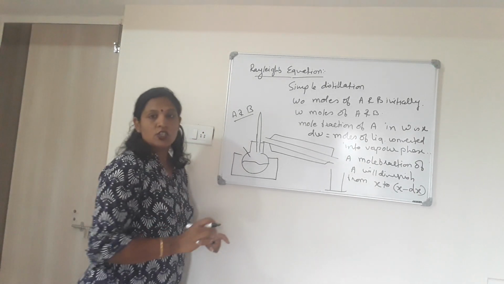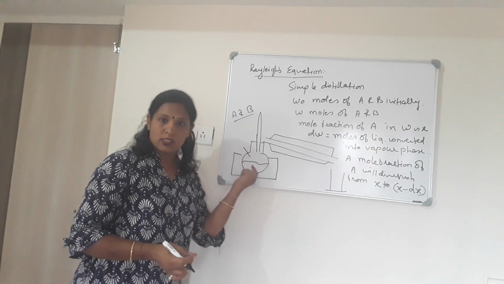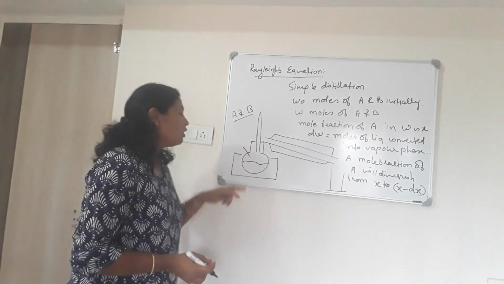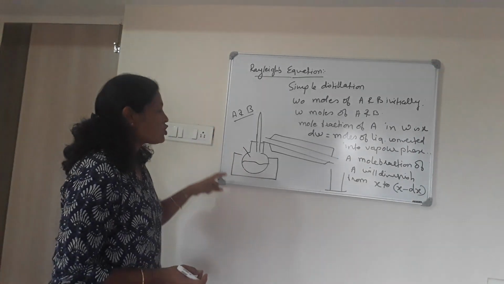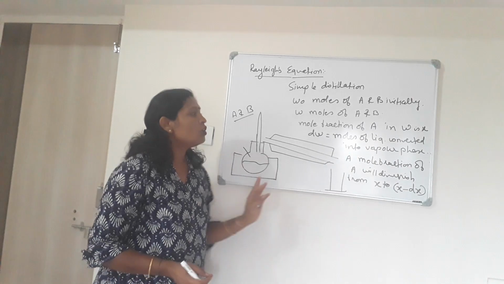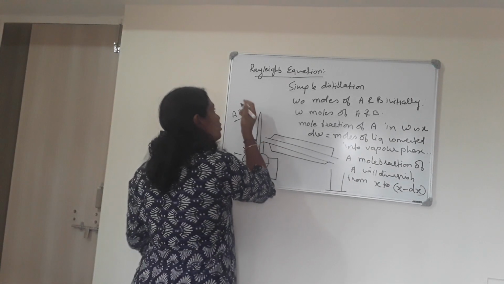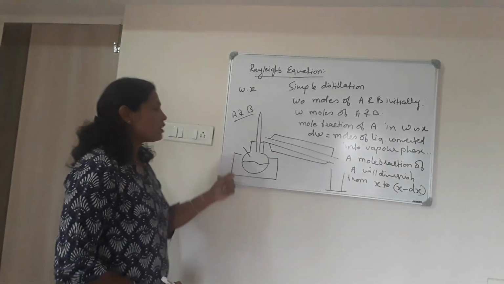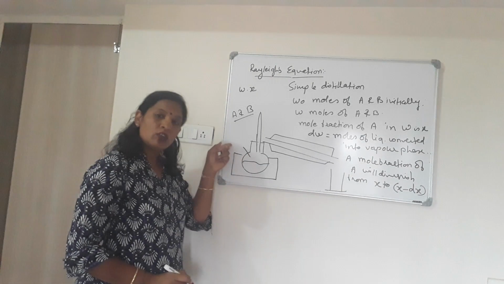We have taken initially W0 moles, we have started distillation, W moles is there inside this round bottom flask, and then we are taking its material balance. W moles is there inside this round bottom flask. Here the mole fraction of the more volatile component is x. So to find the amount of A, we can write W into x. The mole fraction of A is diminished when it vaporizes and converts into vapor phase.